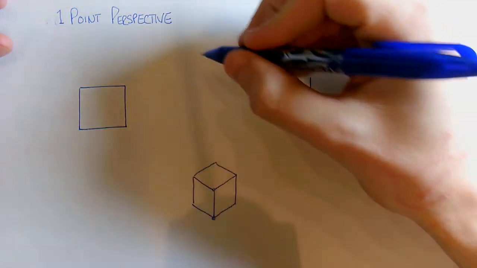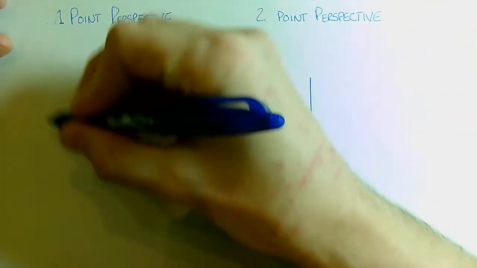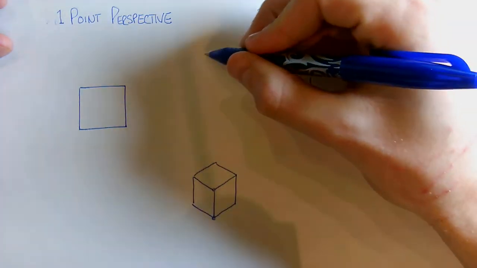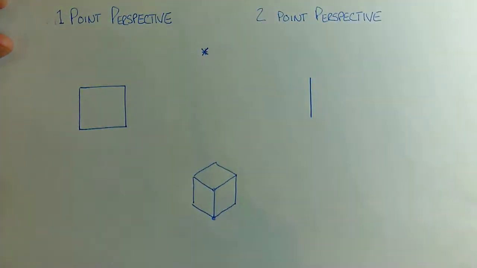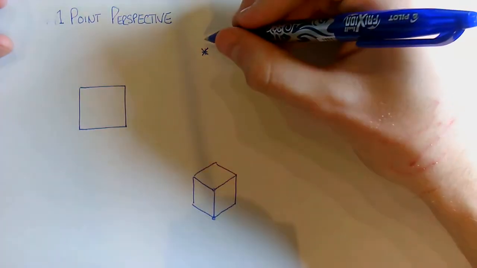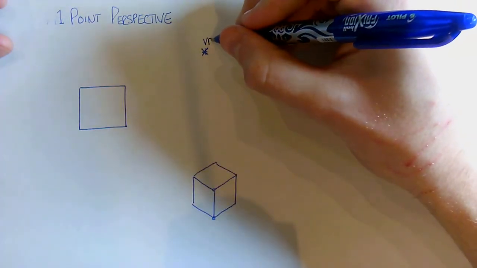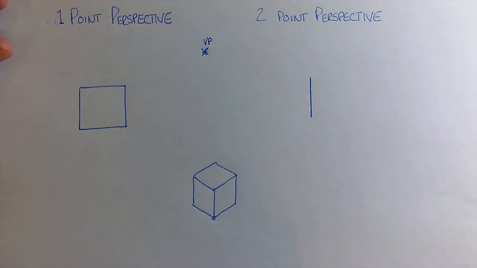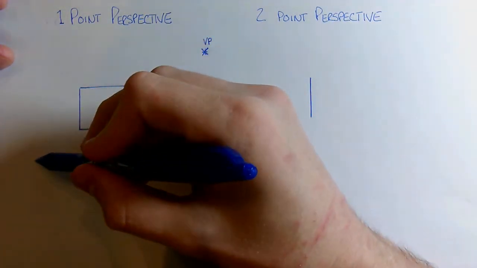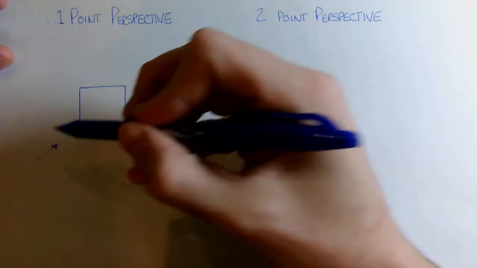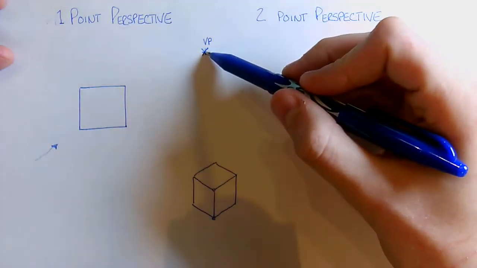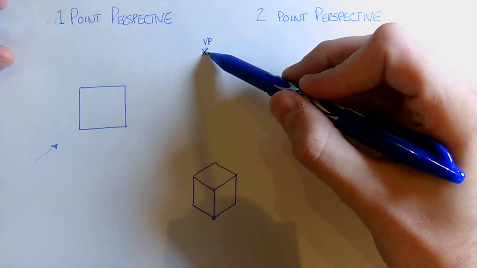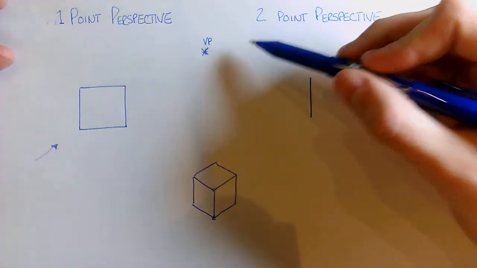So anywhere around this shape, I'm going to place a little star right there, and I'm going to call that my VP, and VP stands for vanishing point. If I was looking at this cube from this angle, that point there is where I wouldn't be able to see it anymore because it's too far away from me.